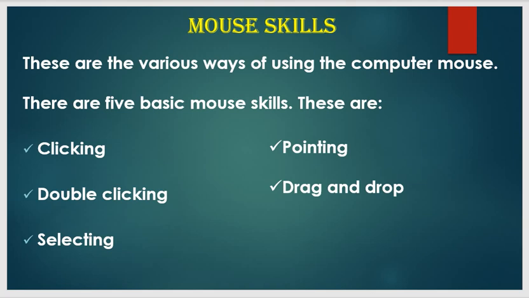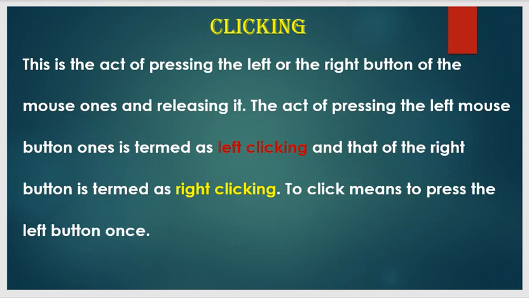So the first one, we'll look at clicking. Clicking is the act of pressing the left or the right button of the computer mouse once and releasing it. If you are able to press either the left or the right button once and release your hand, you refer to it as clicking. But in actual sense, when someone tells you to click, the person is trying to tell you to press the left button.